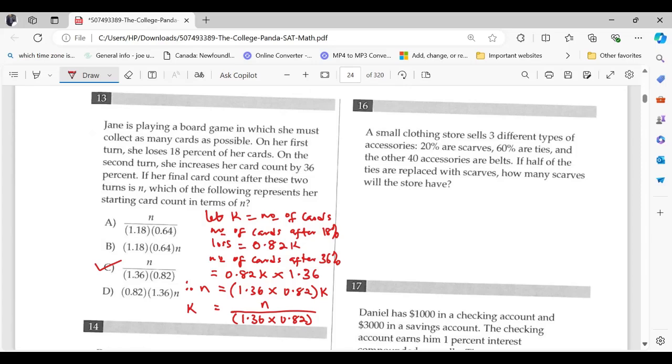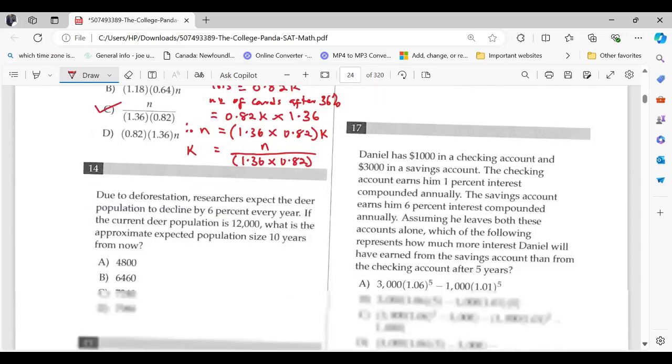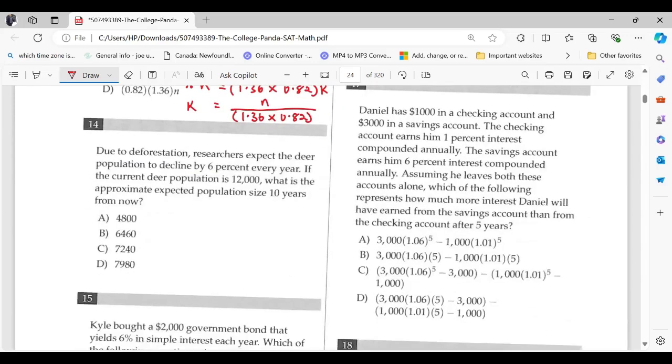We proceed to number 14. Due to deforestation, researchers expect the deer population to decline by 6% every year. If the current deer population is 12,000, what is the approximate expected population size 10 years from now? So we want to decrease 12,000 by a multiplier of 6%.